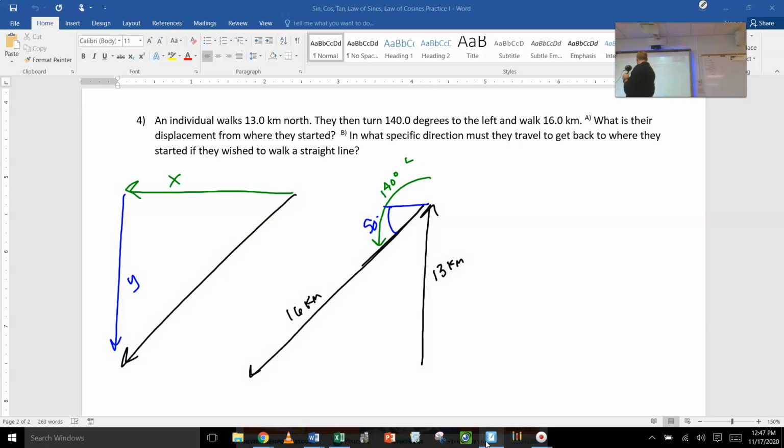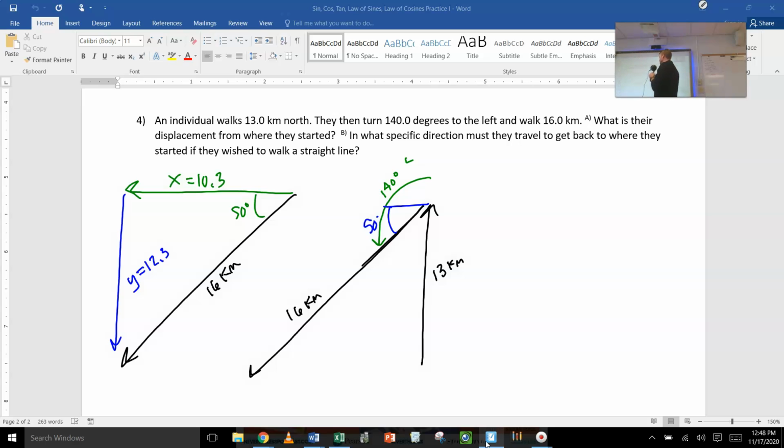So this being 50 degrees, and this is also 16 kilometers. I'm going to use the sine and the cosine to find that. So using the sine, 16 times the sine of 50, you end up with 12.3. And 16 times the cosine of 50, you end up with 10.3.